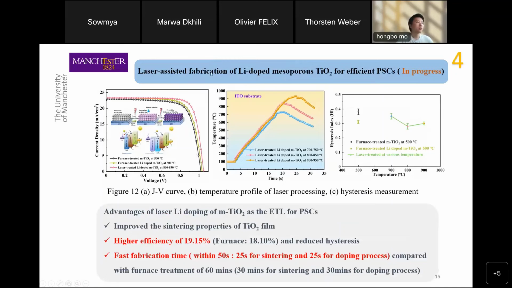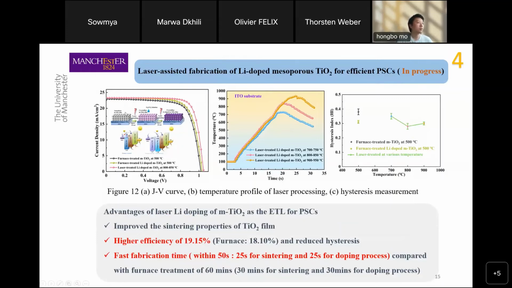So, after we fabricated the planar structure perovskite solar cells, we also used the laser-assisted fabrication method to fabricate lithium-doped mesoporous titanium dioxide for efficient perovskite solar cells, and this work is in progress. As we can see, the laser process is repeated here.